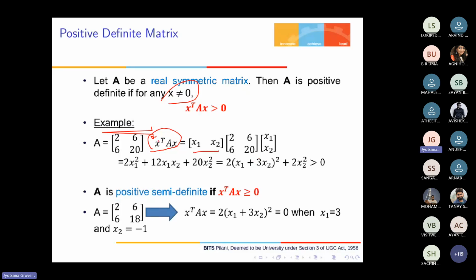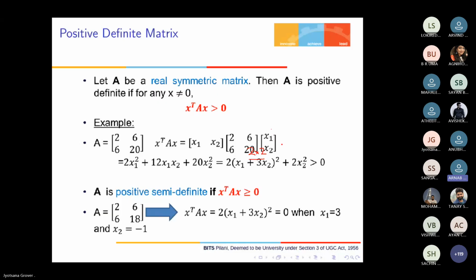A is a square matrix, which means the number of rows is the same as the number of columns. So this is 2 cross 2, and the column vector should also contain 2 values.